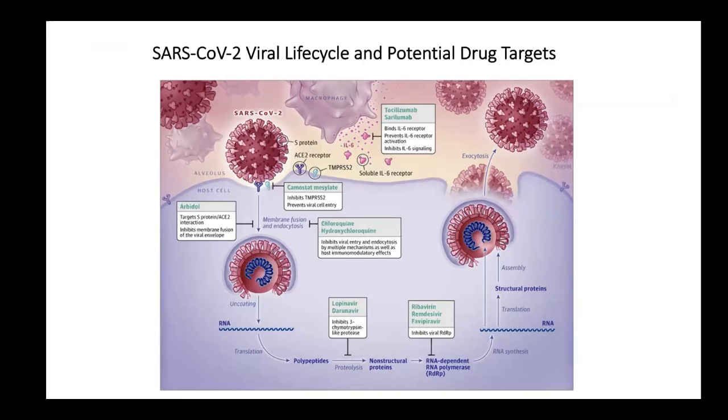You can try to work with the endocytosis process, and there have been some reports that these malaria drugs, hydroxychloroquine, can alter the pH of these endosomes and thereby perhaps inhibit the virus. And then you can be more direct, and you can target the RNA-dependent polymerase, and that is what is being done by remdesivir, which was tested previously for Ebola virus.